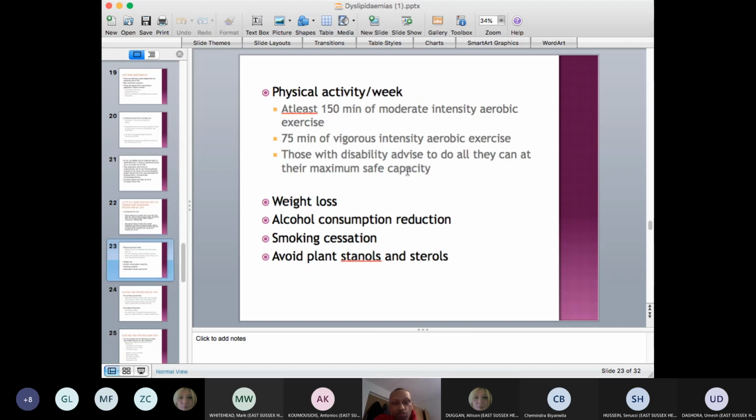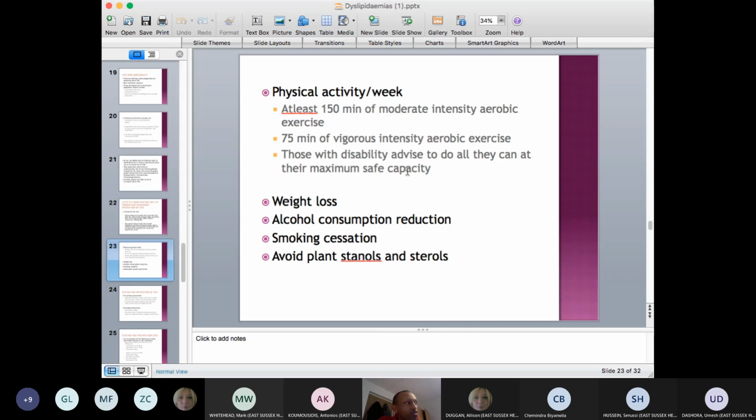Of course, physical activity is very important. You are advised to do at least 150 minutes of moderate intensity aerobic exercise per week, or 75 minutes of vigorous intensity aerobic exercise. Doing more is important if you can afford to.